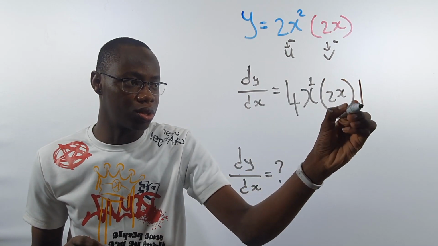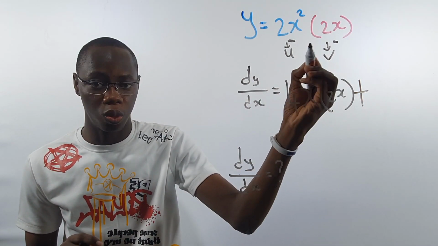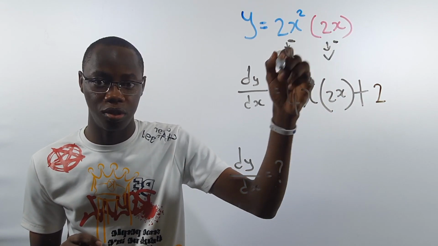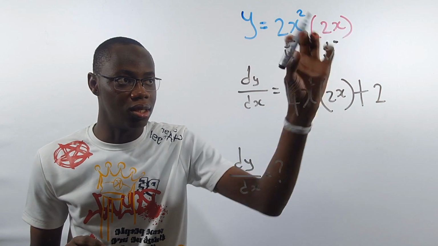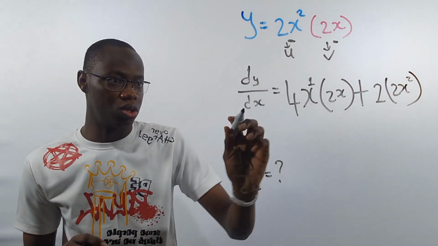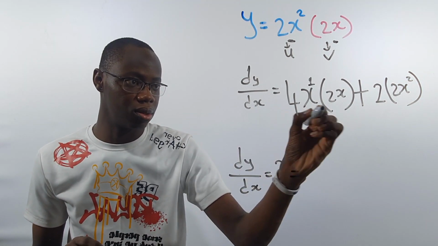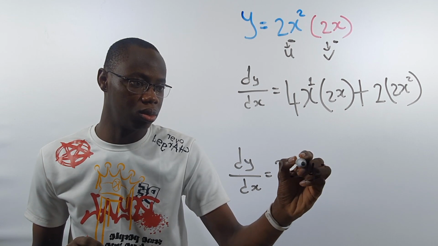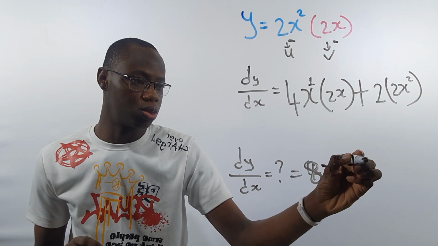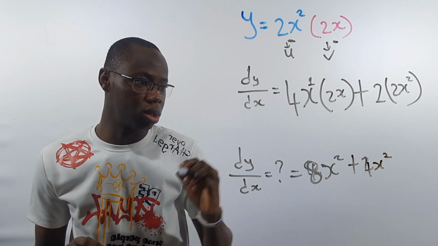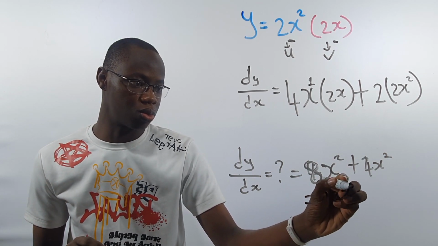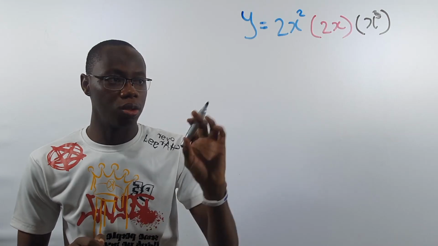Now plus differentiate this one, the derivative of 2x, that's 2, and now leave this one the way it is, that's 2x squared. So you can multiply if you like, that will be 8x squared plus 4x squared. You can even add them, so that's 12x squared. Very simple.